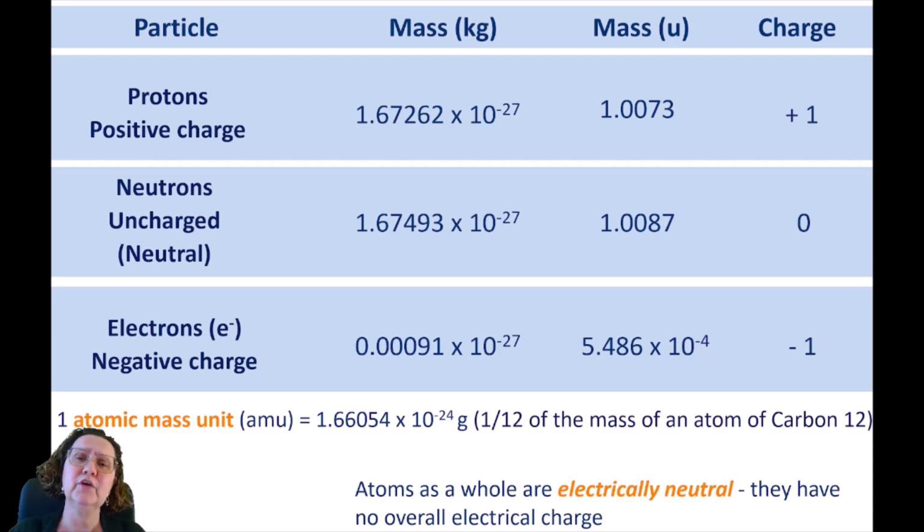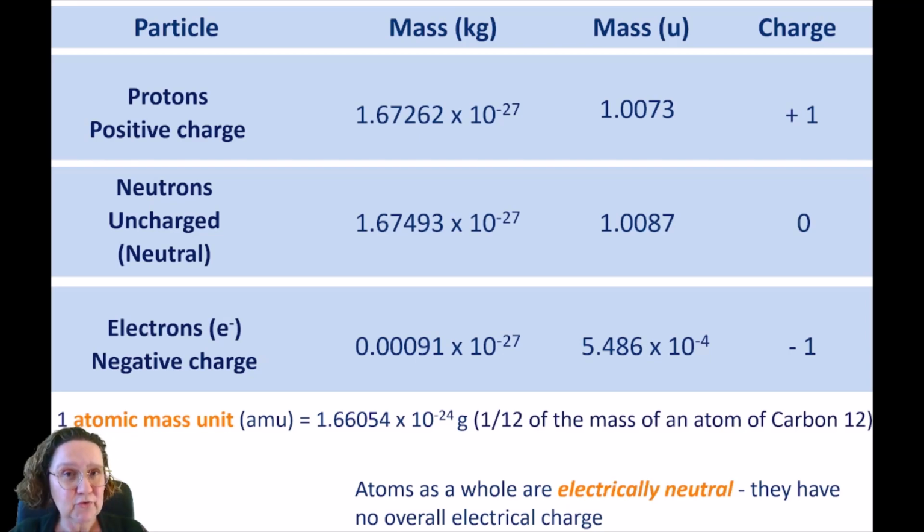And you also have in the second column the mass in something called atomic mass units. Because measuring masses of such tiny particles in kilograms or in grams, in any units that we use to measure everyday things, is not very useful. 10 to the minus 27 is not a very useful unit of mass.